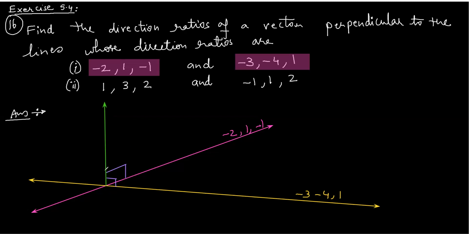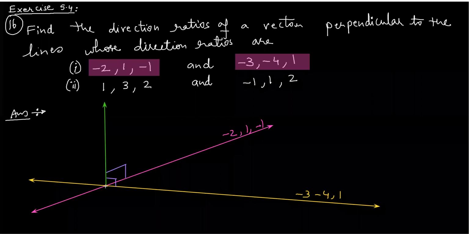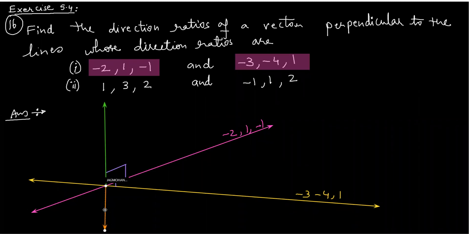So either it could be this way, or it could be another vector which is just in the opposite direction of the one that I drew. Even this vector is perpendicular to both the lines.